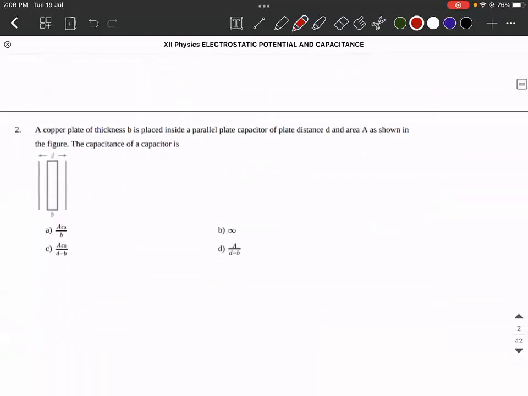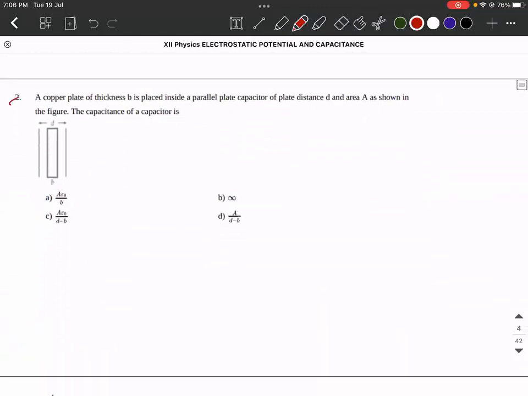Next. There is a copper plate of thickness t. Copper means it is a conductor. So there is a copper plate of thickness t placed inside a parallel plate capacitor of plate distance d and area A. What is going to be the capacitance? Capacitance is epsilon naught A divided by d minus t plus t divided by kappa. But kappa for a conductor is how much?